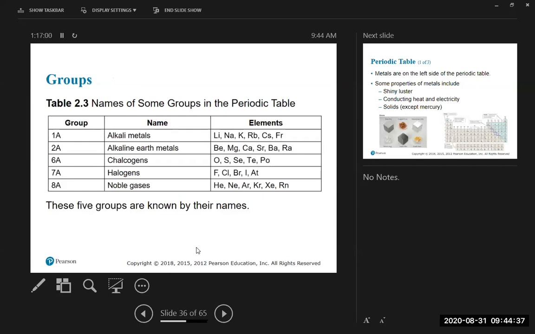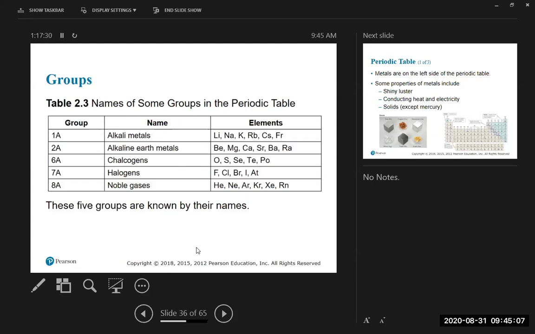There are some common names for some of the groups. 1A is called the alkali metals. 2A, alkaline earth metals. To be honest, 6A you don't do much with. 7A, the halogens. That's a pretty important one. And then 8A is the noble gases. So 1A, 2A, you often hear people calling things alkali metals or alkaline earth metals.